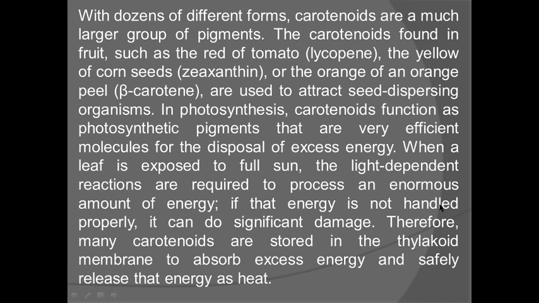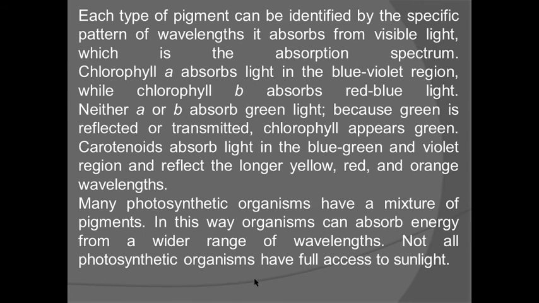If that energy is not handled properly, it can do significant damage. Therefore, many carotenoids are stored in the thylakoid membrane to absorb excess energy and simply release that energy as heat.